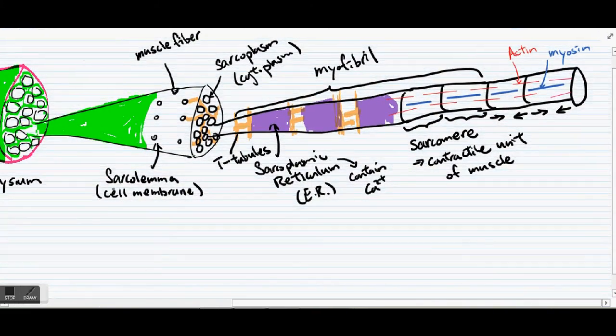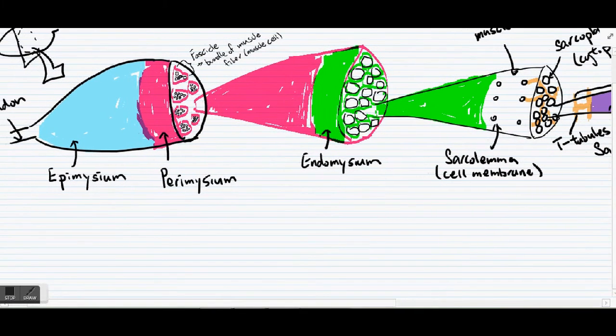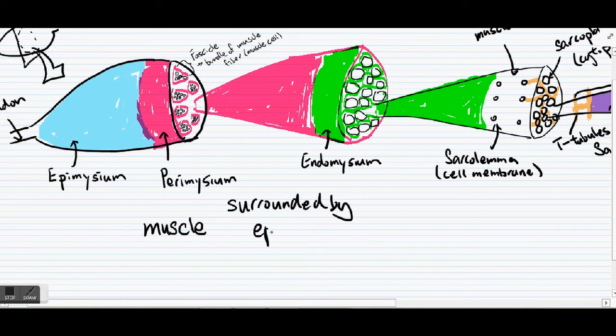I'm just going to quickly summarize this for you. What you can think of in terms of the structure when you're studying is this. You can think of the entire muscle, and the entire muscle is going to be surrounded by the epimysium, and it's going to contain fascicles.